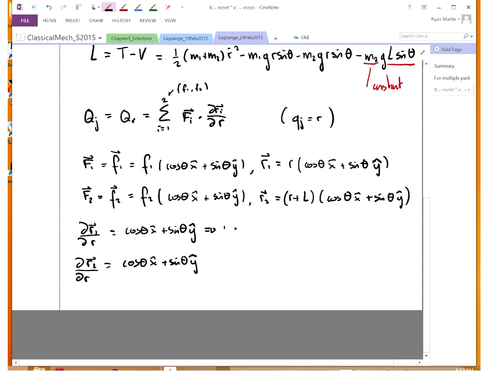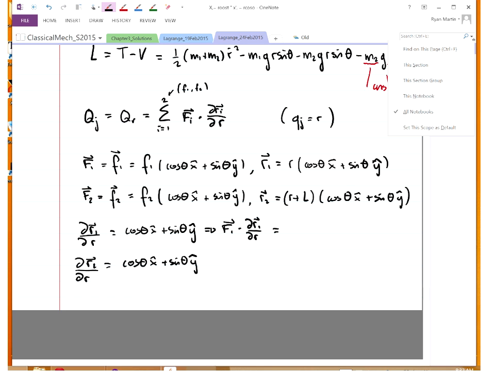So F1 vector dotted with dR1 by dr, the first term in that sum: F1 vector has a magnitude of F1, and then the dot product is between cos theta x hat plus sine theta y hat and cos theta x hat plus sine theta y hat. It's the dot product of a unit vector with itself, which is equal to 1, but let me write it out explicitly.